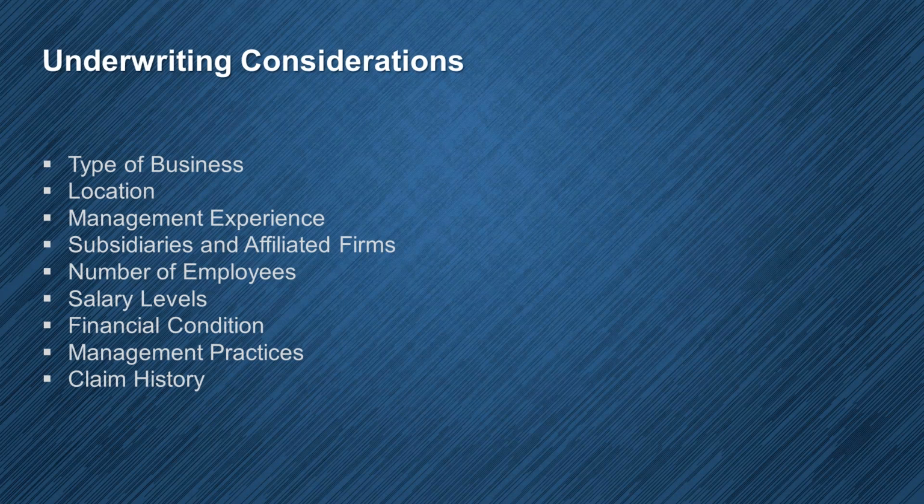We'll look at the location because, as I mentioned earlier, some states have broader employee protection. So no two states' jurisdictions are the same. The retail store in Iowa is not going to be rated the same as one in California. We'll look at management experience. Do they want subsidiaries covered?